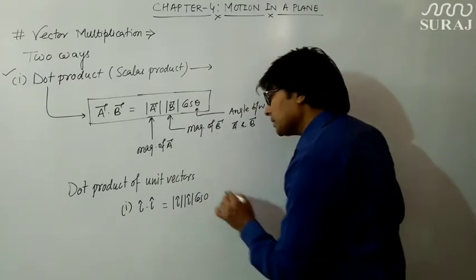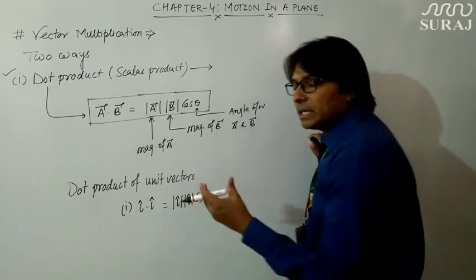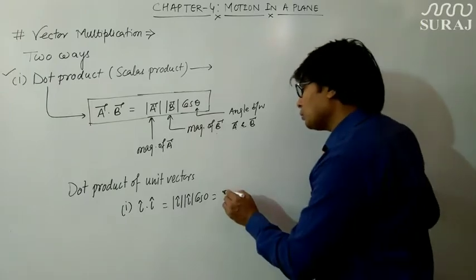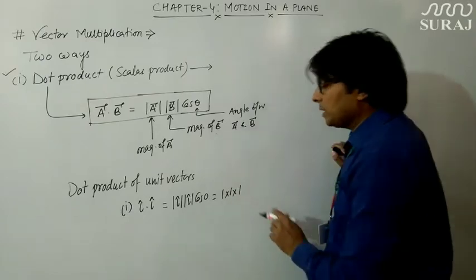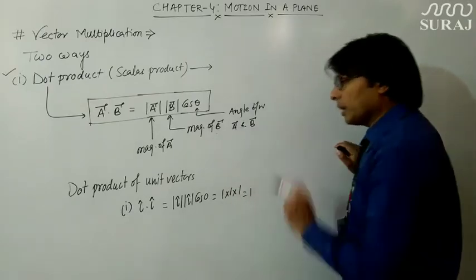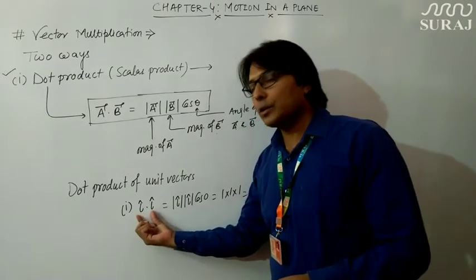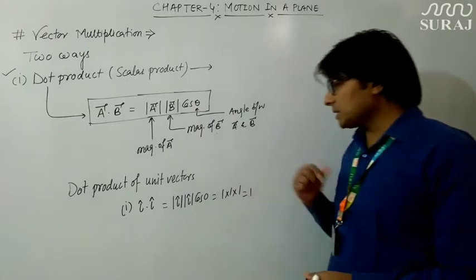The magnitude of every unit vector is unity, that's why it is named a unit vector. So 1 multiplied by 1 multiplied by cos 0, which is also 1, gives 1. Means the dot product of the same unit vectors is 1.